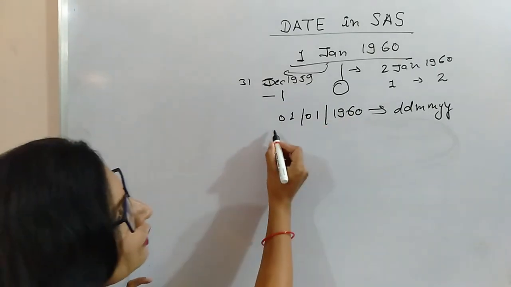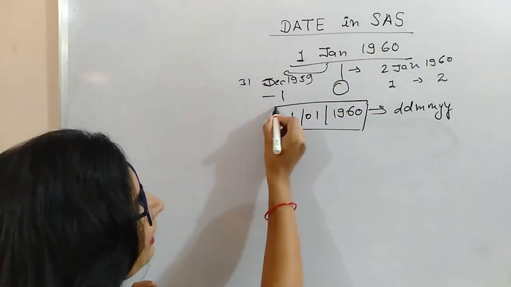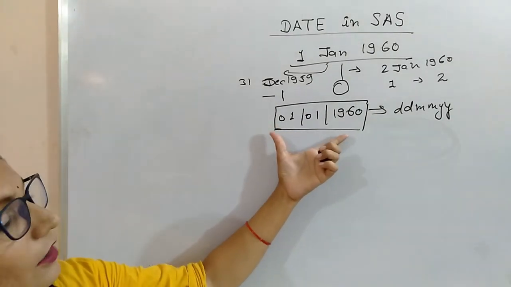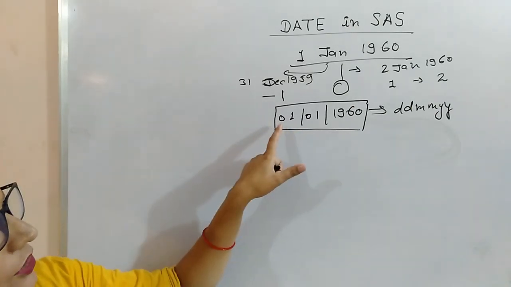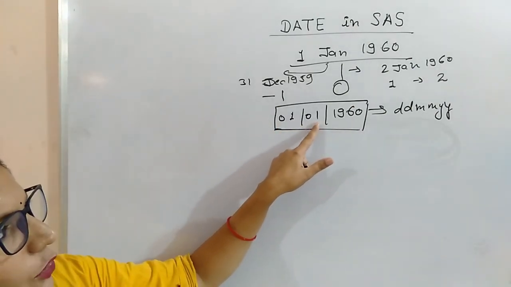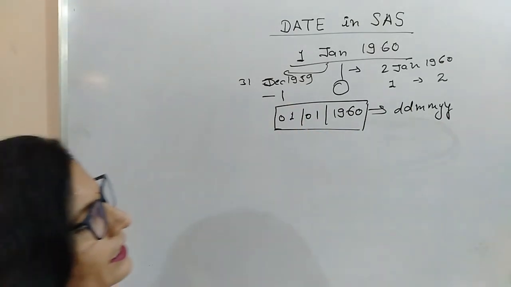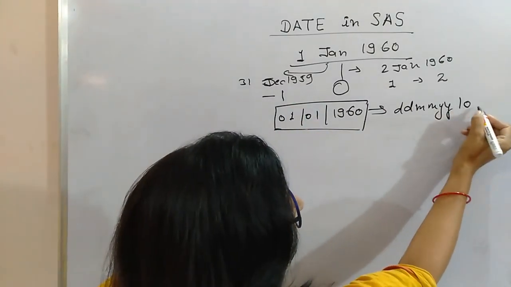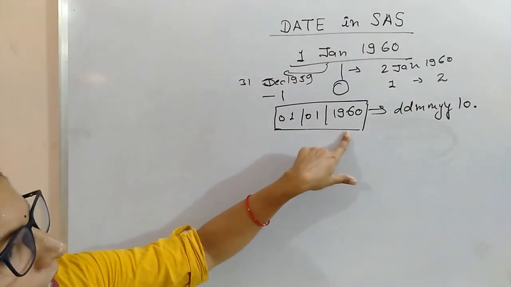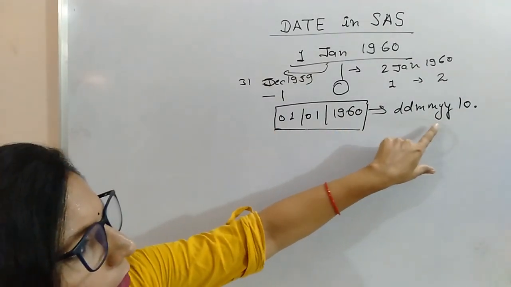You count the length of all the characters in this box. So there are a total of 10 characters: 0, 1, then the slash, and then 0, 1. You keep counting and you will see these are a total of 10. So you will be writing 10 and a dot. The format for reading this type of date would be DDMMYY10.